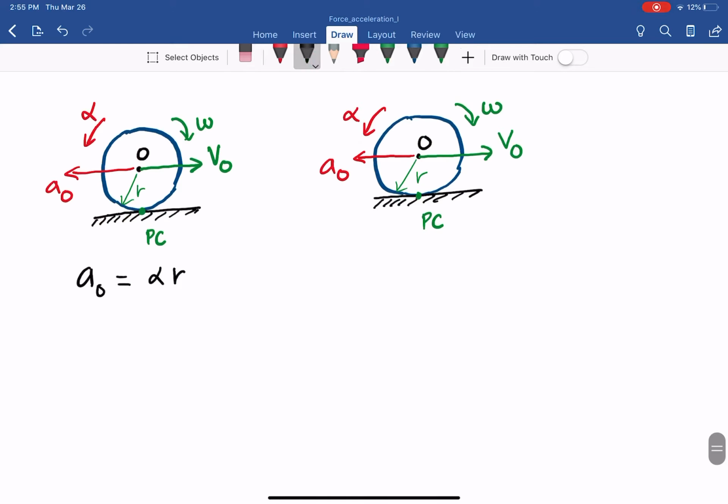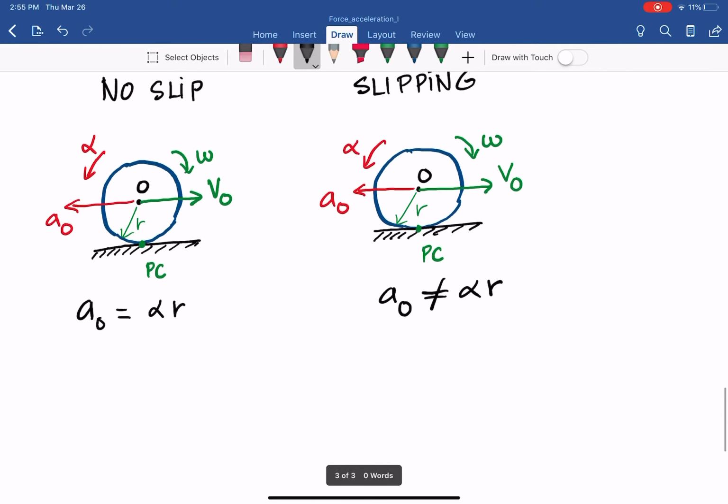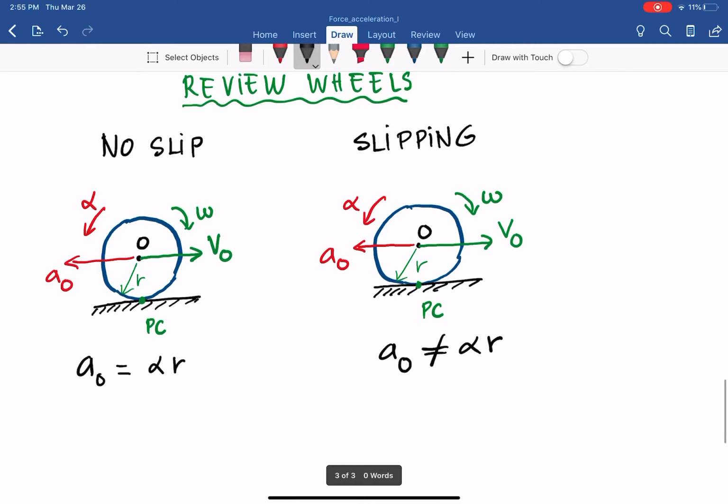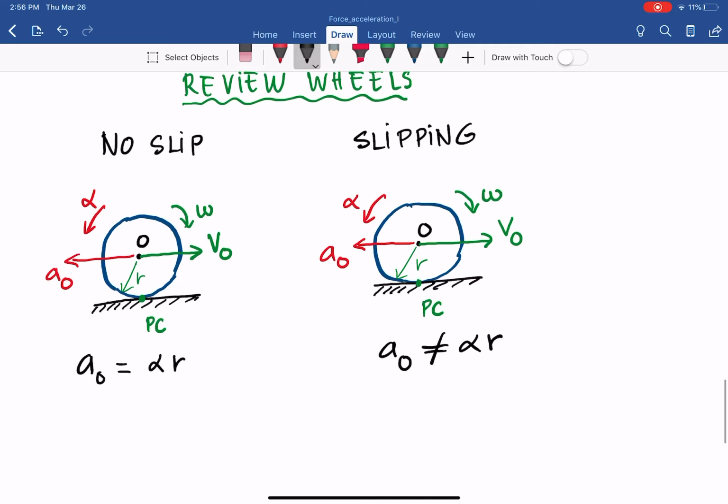In that case, AO is not the same as alpha R. That's why when you are given a wheel, you need to know whether the body is slipping or no slip, so that you have the equation correctly. Similarly, VO, the velocity at the center, is equal to omega R. But for a slipping wheel, you don't have that, it is not omega R.